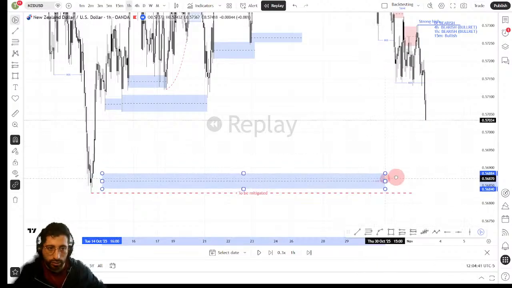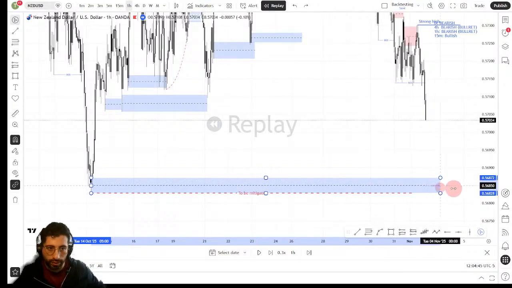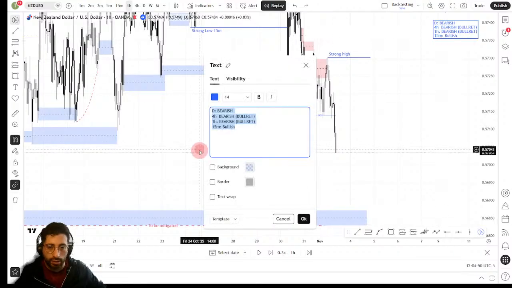And this is something I didn't do in our direction map here. I didn't update this. Now in 15 minutes we are bearish. And now we're no longer in a bullish retracement. We're in a bearish continuation pattern. Continuation.